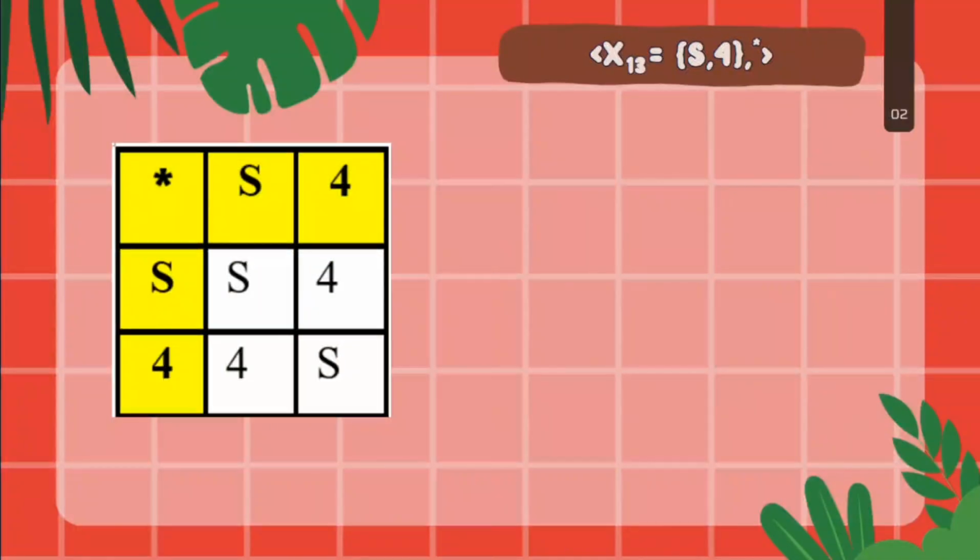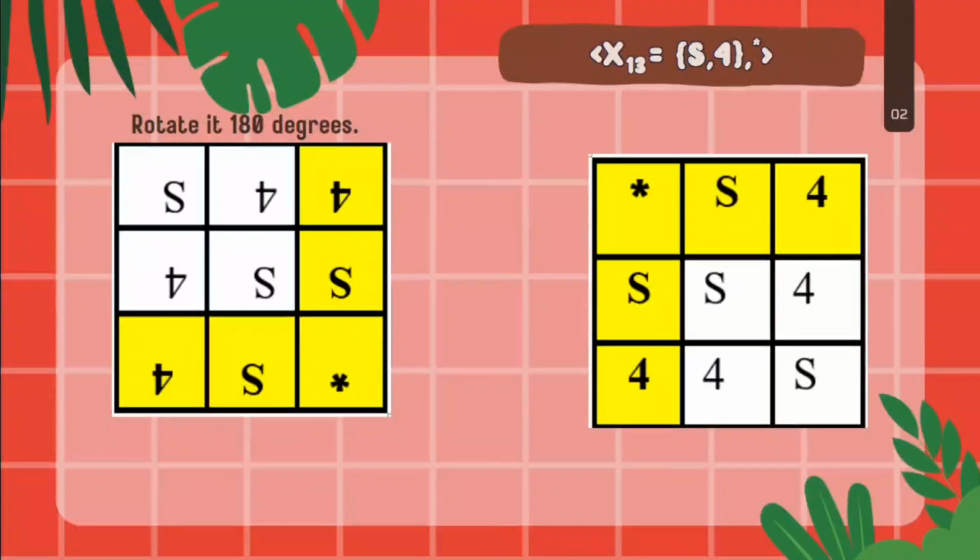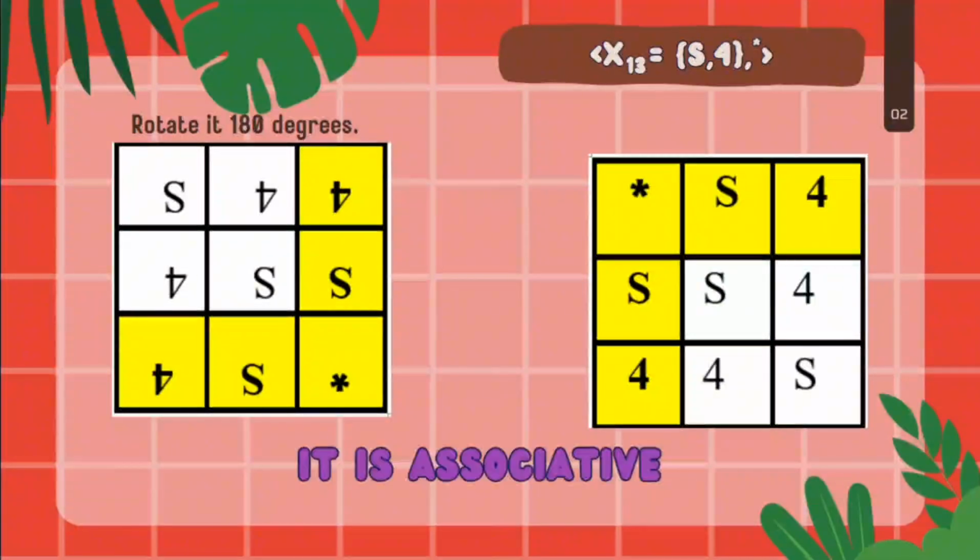So, in order for us to show if it is associative, we are going to rotate it 180 degrees clockwise. And as you can see here, the x sub 13 is already isomorphic. So, therefore, we can conclude that it is already associative.